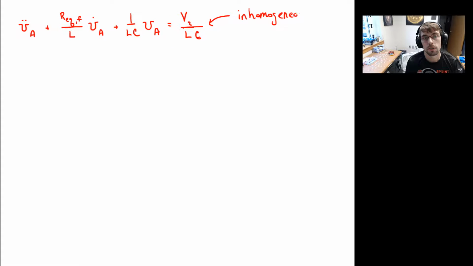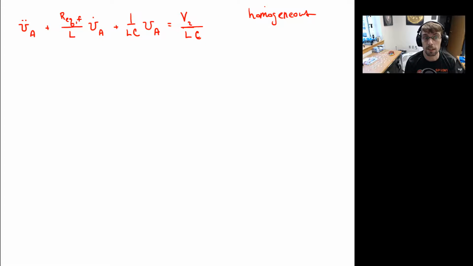The upshot is that it is a constant. So one way to get rid of this would simply be to take another time derivative. And then that will set this to 0, and we'll have our homogeneous case. That's one way to do it.